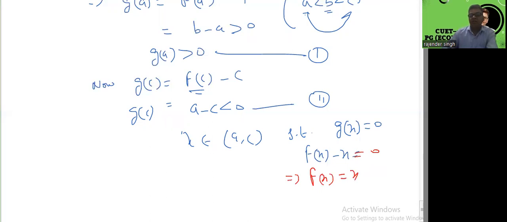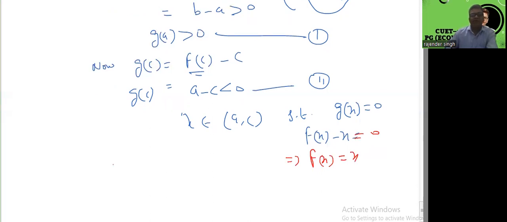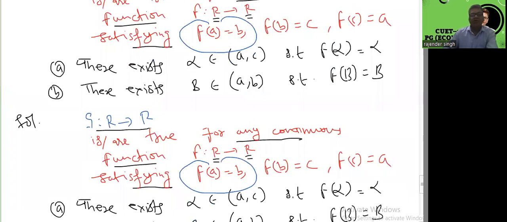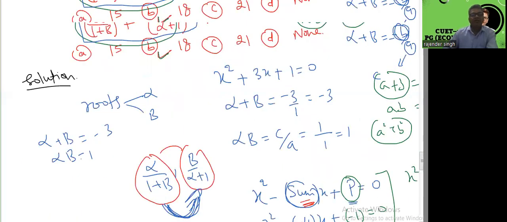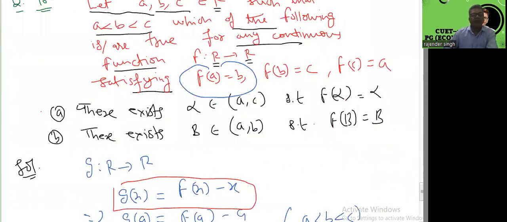So we must have some x, let it be alpha, belongs to a to c such that f of alpha equal to alpha. That means the first statement is true, right?